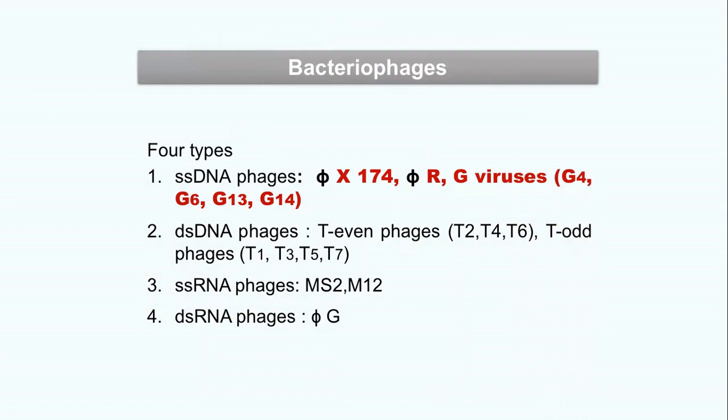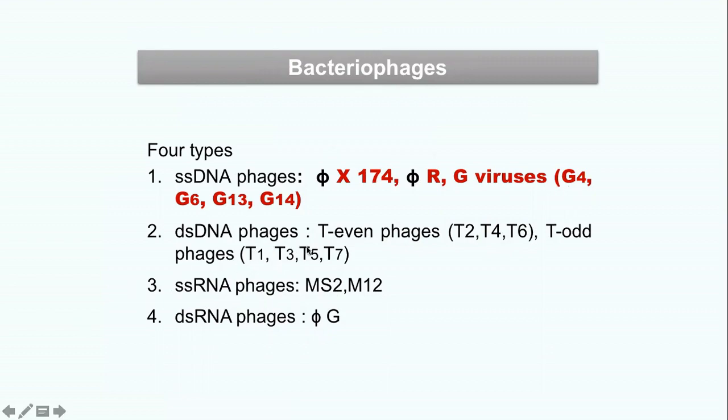Bacteriophages are of different types depending on the type of genetic material that is present with them. They are mainly of 4 types: single-stranded DNA phages, double-stranded DNA phages, single-stranded RNA phages, or double-stranded RNA phages. Single-stranded DNA phages include the φX174 phage, the φR, the G viruses.